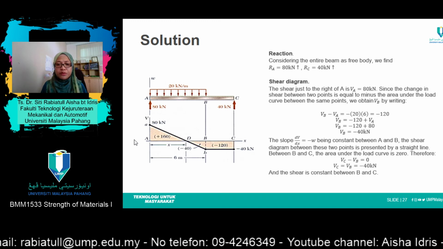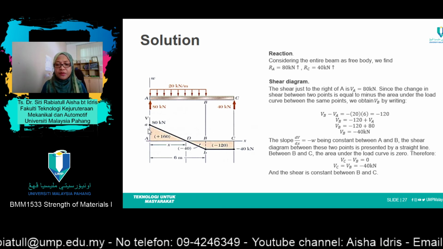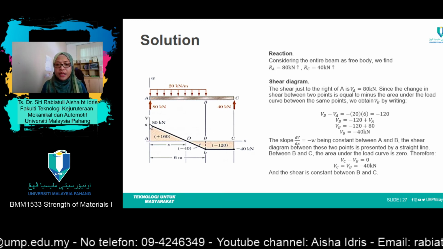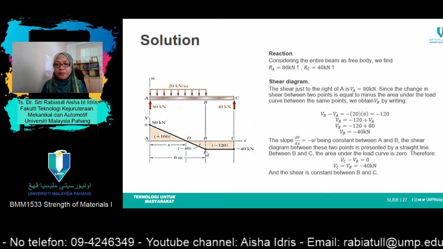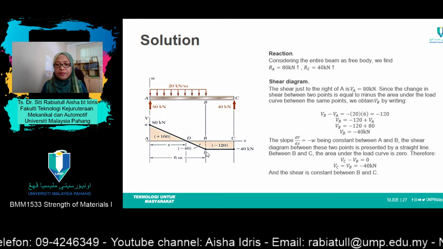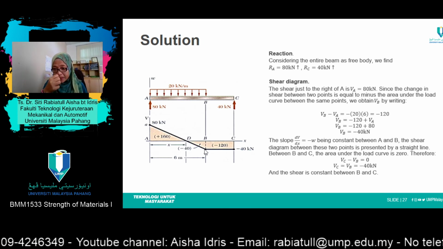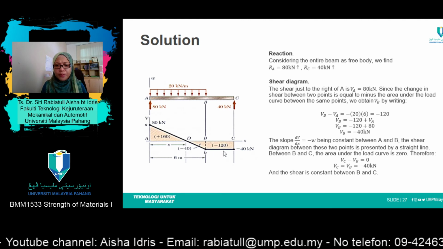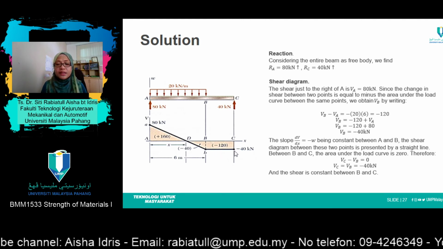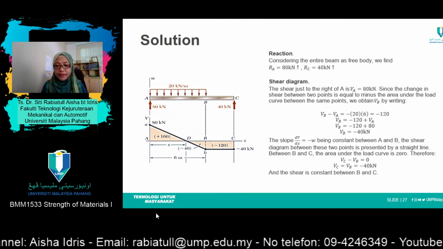So this is how you draw the shear force diagram. Starting with 80 kilonewton, moving downwards until point B, which is negative 40 kilonewton. And from point B to point C, it is the same, which is negative 40 kilonewton.